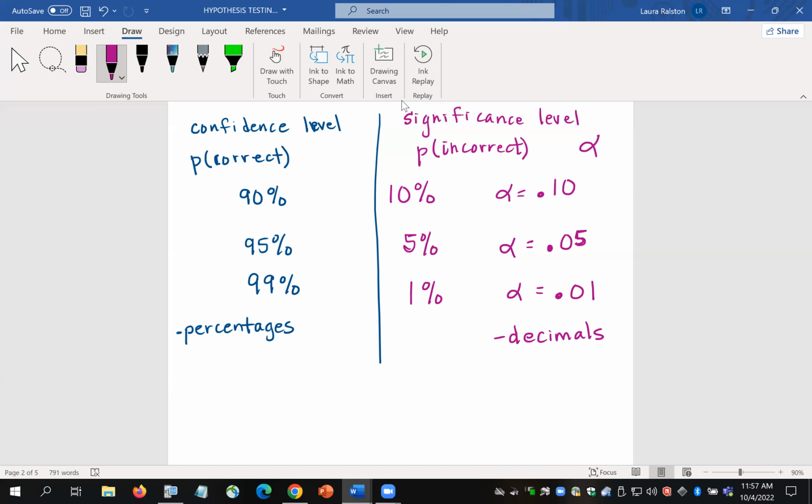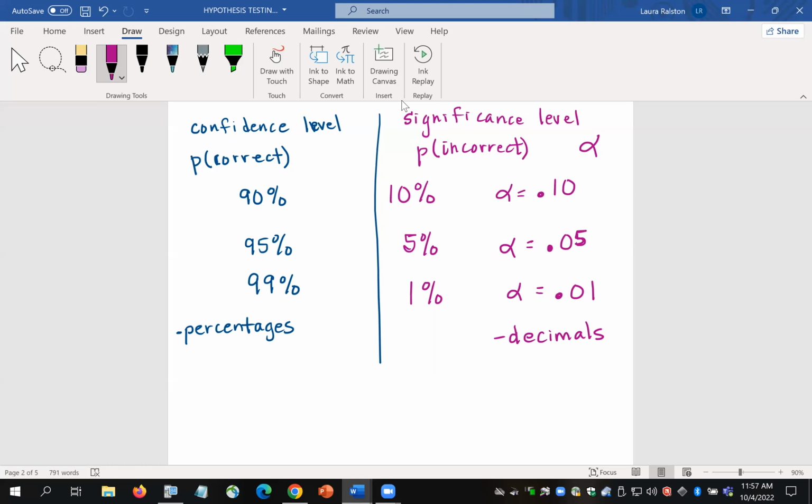And so you have that connection between how confident you are that you're correct, and what's the chance that you're going to be incorrect. That gets into the idea that it's statistically significant: what's the chance that it's going to occur again from another sample? Again, that's your p-value.